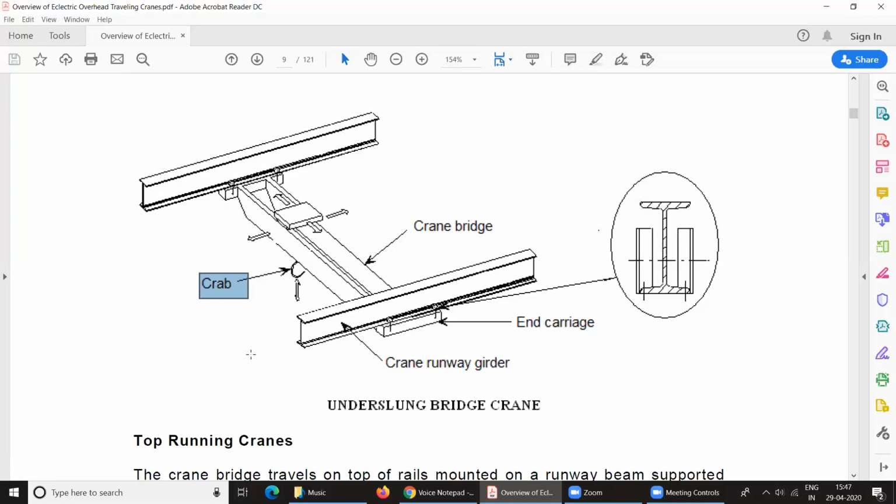Many of these cranes are provided with a cab fixed to the bridge from which an operator controls the crane. Electrical power is fed to the crane by means of festooning cable or from bare conductors running along the runway through the collectors connected with the bridge structure.